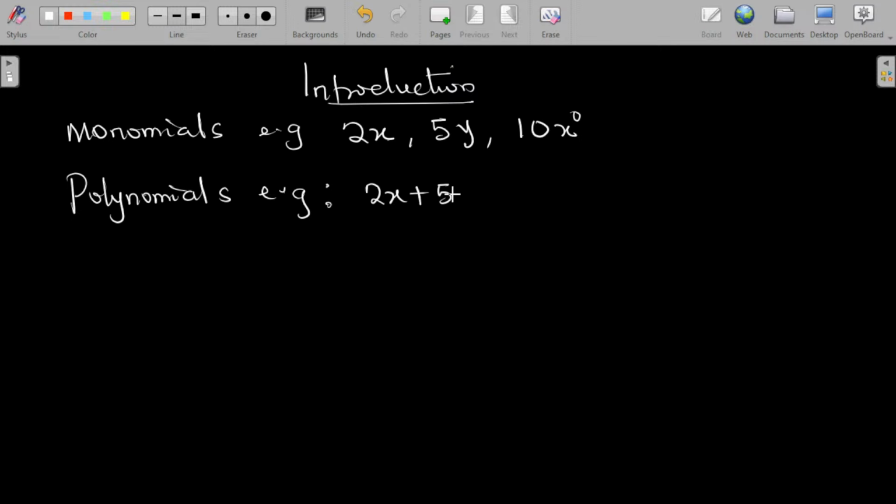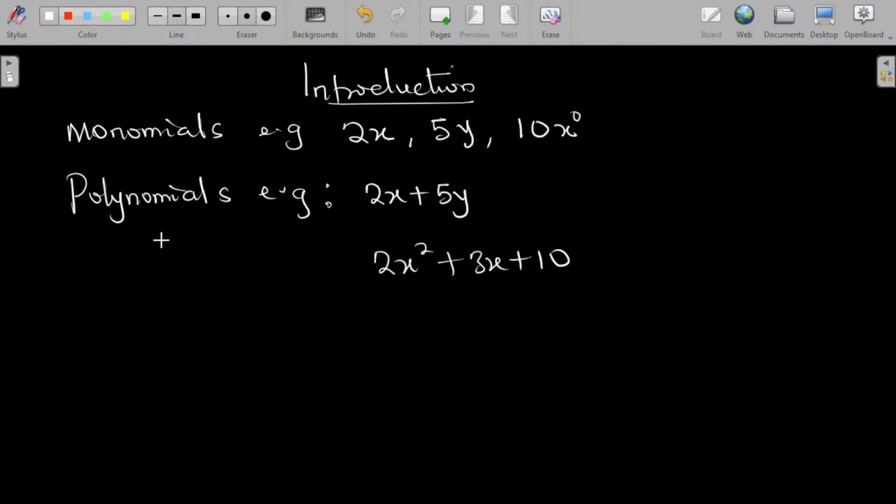This is a polynomial. You can have something like 2x squared plus 3x plus 10. This is a polynomial. It contains more than one term. So you call any such algebraic expression a polynomial, an expression that contains more than one term.